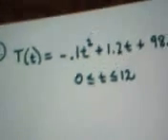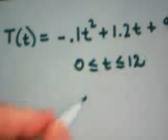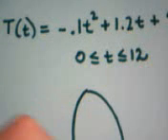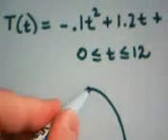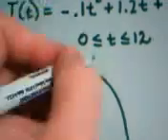So now if you come with me to my paper, what we actually have here is a parabola opening down. The vertex of the parabola we just found to be the ordered pair 6, 102.2.